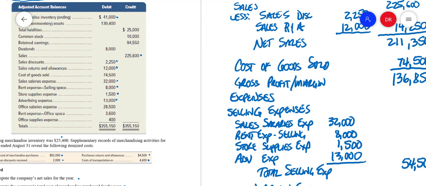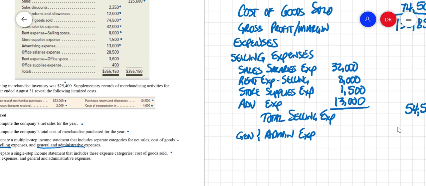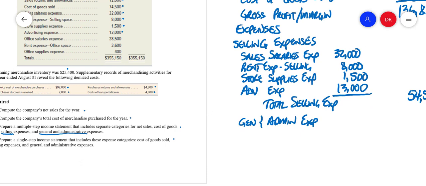So the ones that we've used so far, we've done the sales discounts, sales returns, we've done cost of goods sold, and all these. The only ones that remain are these three here, and that's going to be general and administrative expense.